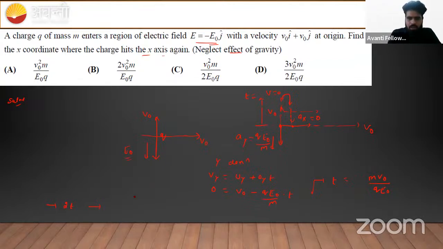The total time 2t is 2 M V naught upon Q E naught. Now we apply the motion in the x direction, where a x equals 0.